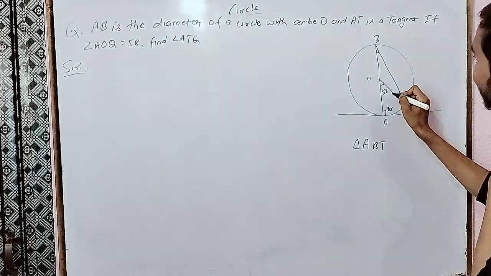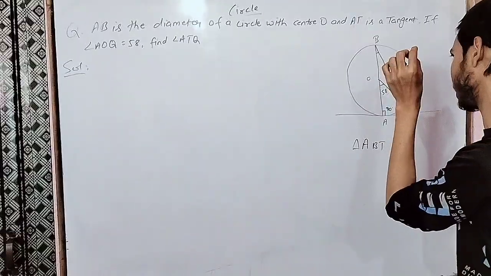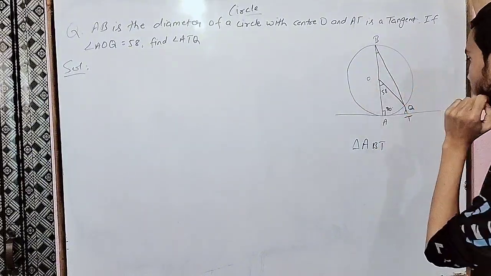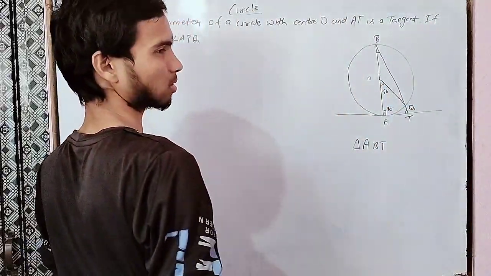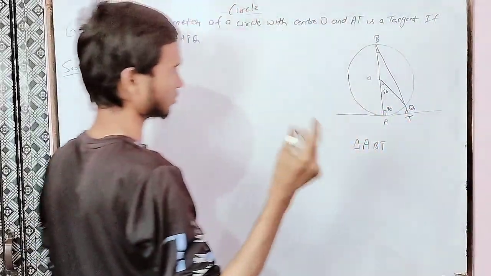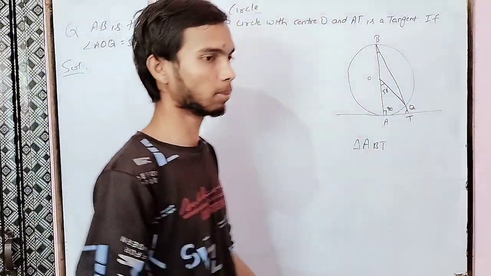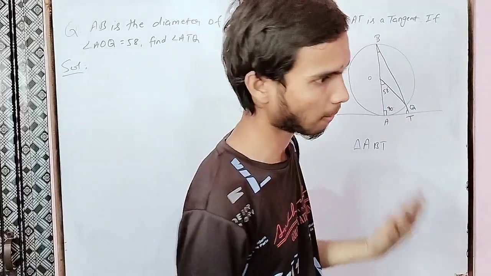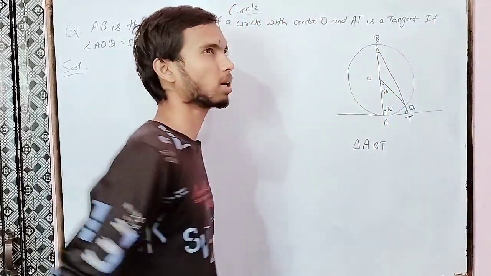Now this is an angle which is made at the center, and we can find this from theorem number 3, even theorem number 8. Now if it is 58, then this angle is coming in the major sector, and this one is coming in the minor sector. So 58, it will become half.